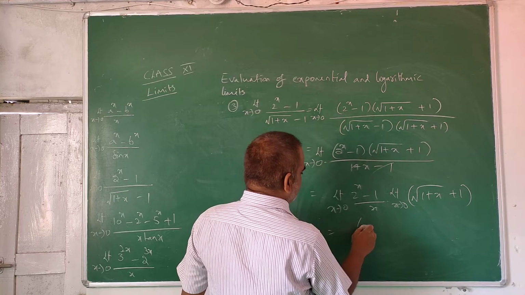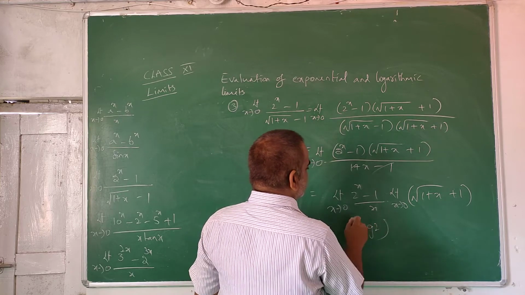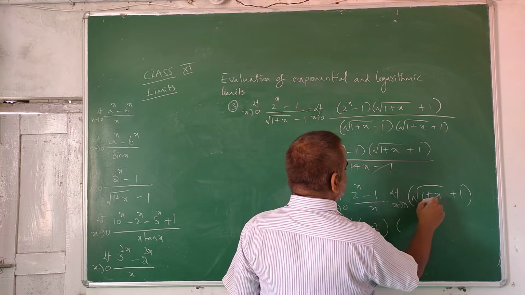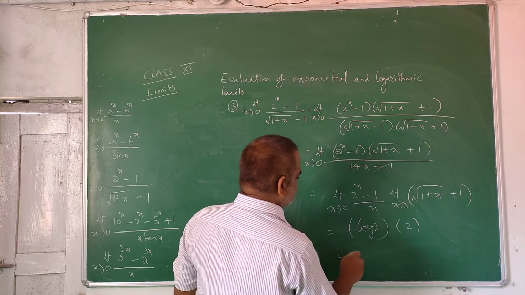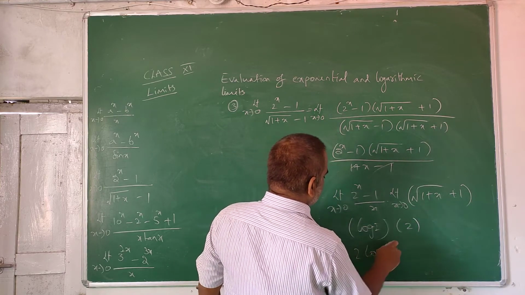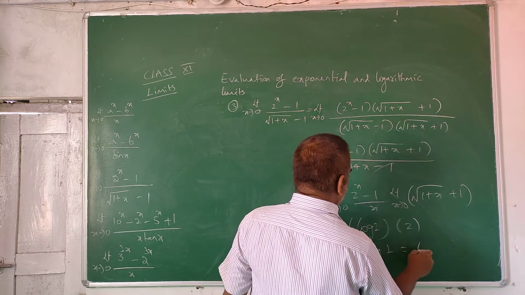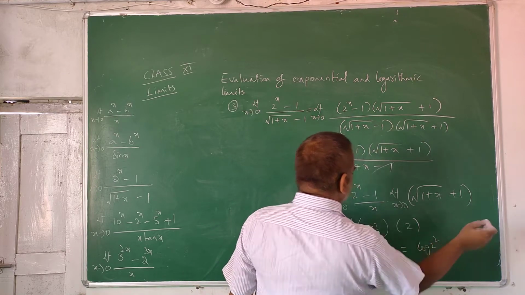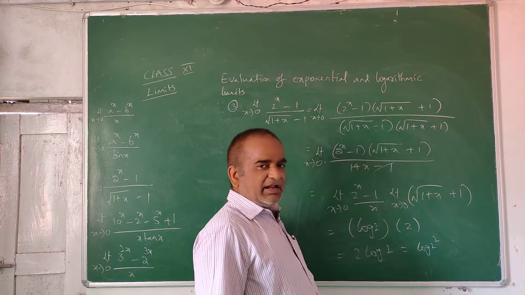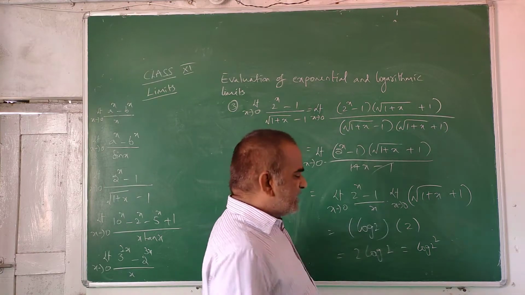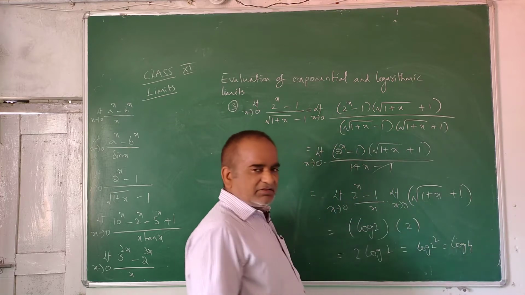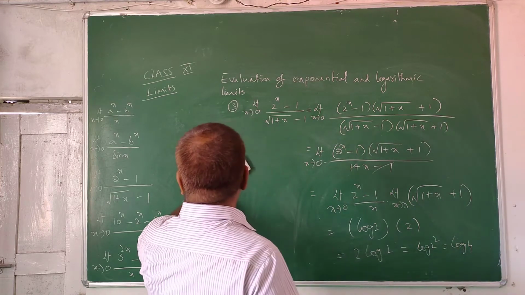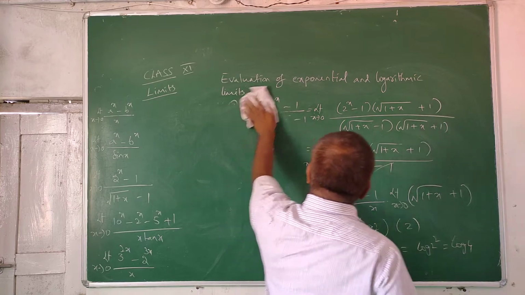Now this results as log 2 into root(1 plus 0) is root 1, 1 plus 1, 2. So which is 2 log 2, which is equal to log 2 power 2. N log m is equal to log m power n. So this is equal to log 4. So the answer is log 4. I think you understood the third question.